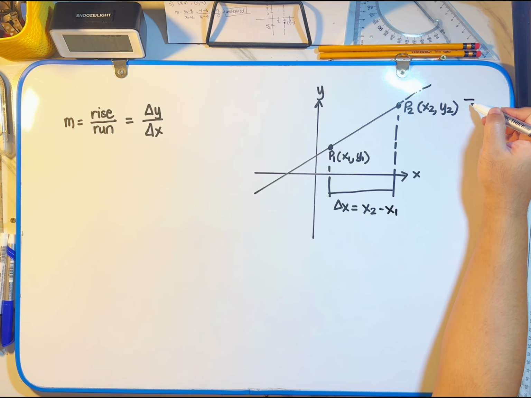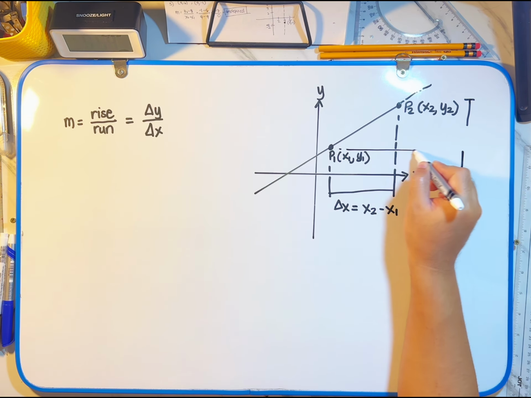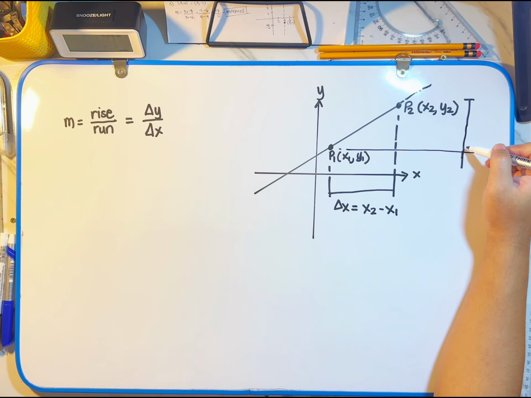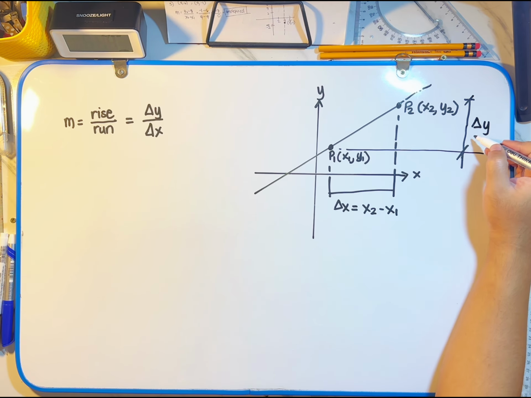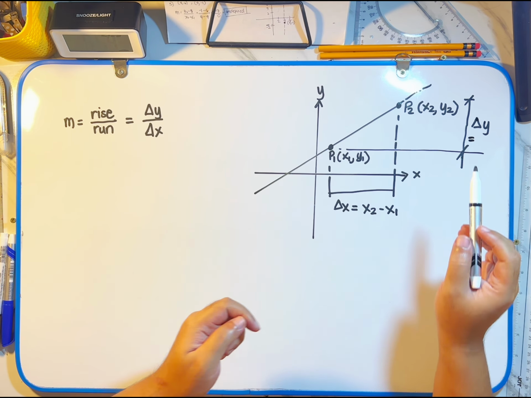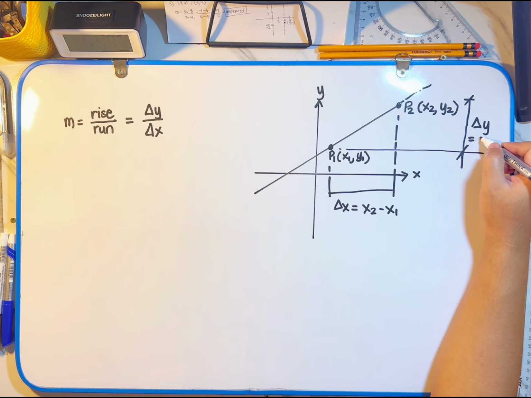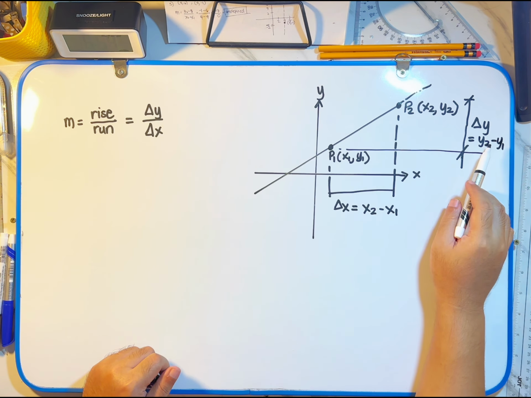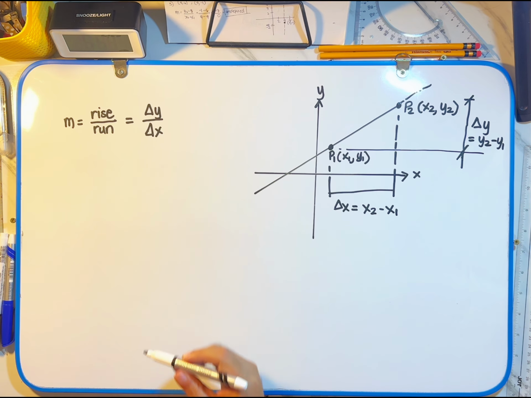And also, the vertical distance between these 2 points, this is delta y. Okay? And delta y is the difference of the y coordinate values, y2 minus y1. And all we have to do is substitute these values, delta y and delta x, into our slope formula.